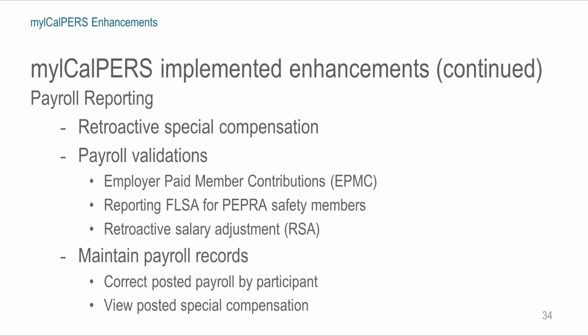On August 12th of 2017, we also changed the retroactive salary adjustment validation. For RSA records reported for one period but where earnings represent multiple periods, there's going to be a new error. What we mean by this, and how I explained it in the past at the Ed Forum, is you could have a pay rate of, say, $10, using Taras as an example, and then all of a sudden the board finally rubber stamped that approval for a raise going back to January.